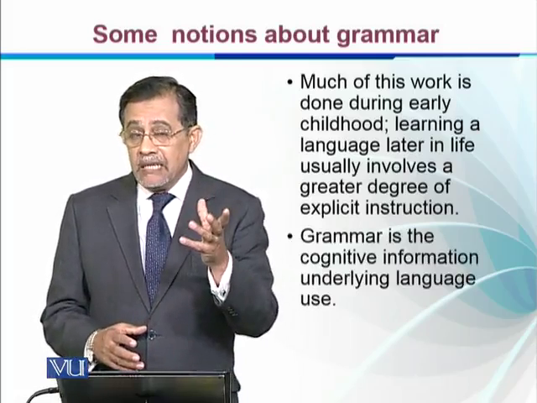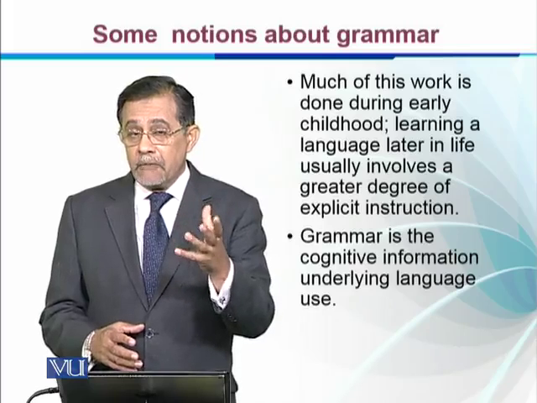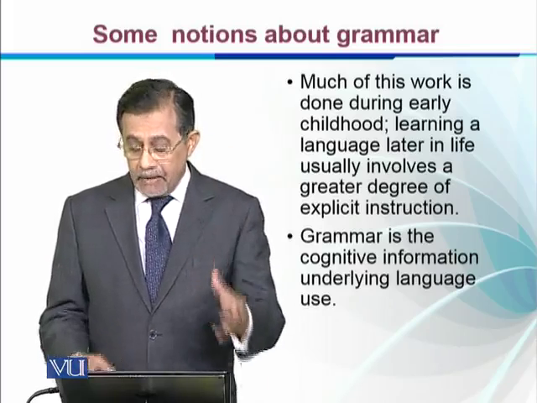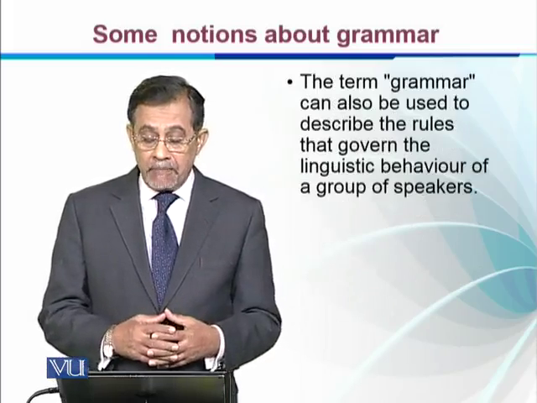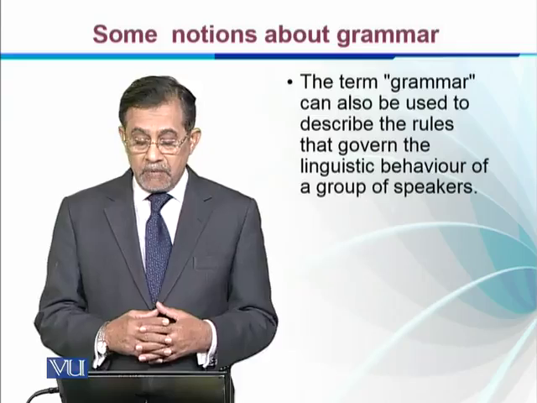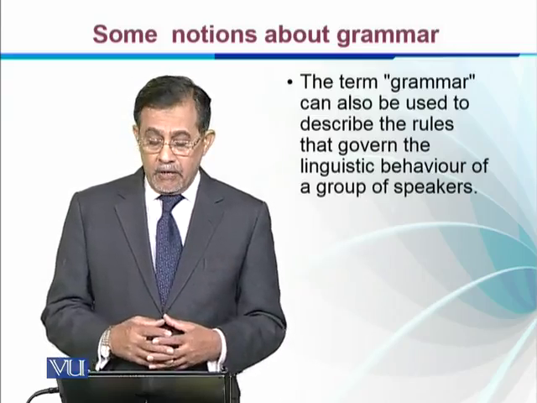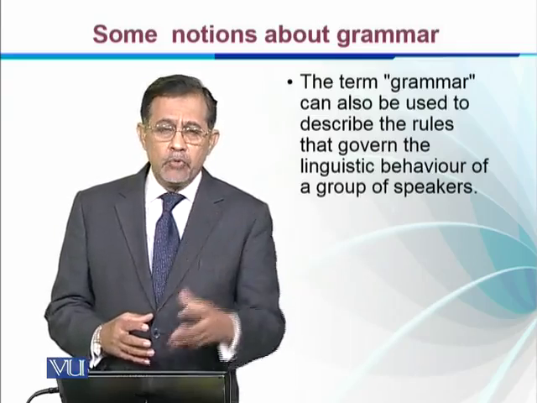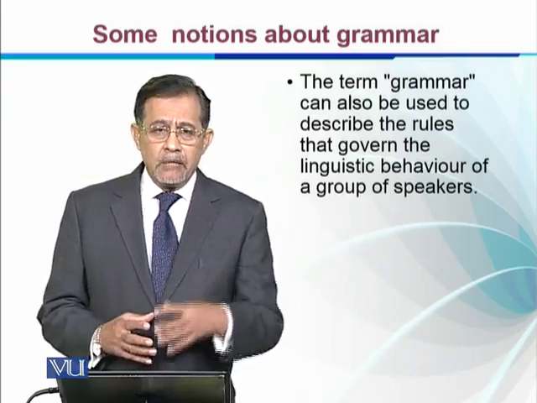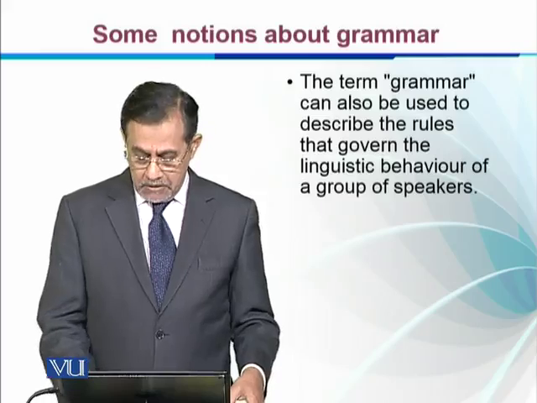So it is the information which is in our brain. The term grammar can also be used to describe the rules that govern the linguistic behavior of a group of speakers. So we can refer to their grammar, meaning how they show their linguistic behavior.